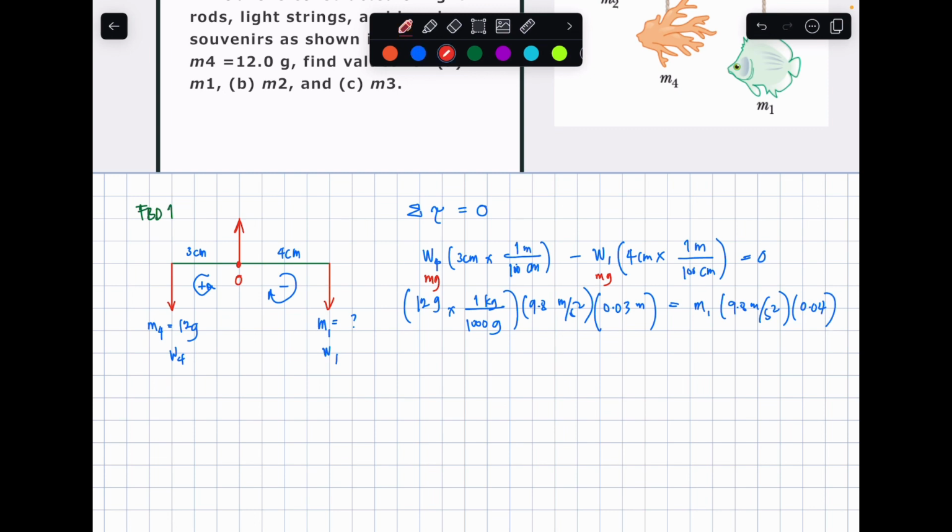So therefore, this one would just cancel out. This one is in meters already, then kilograms, so this would be in newton meters.